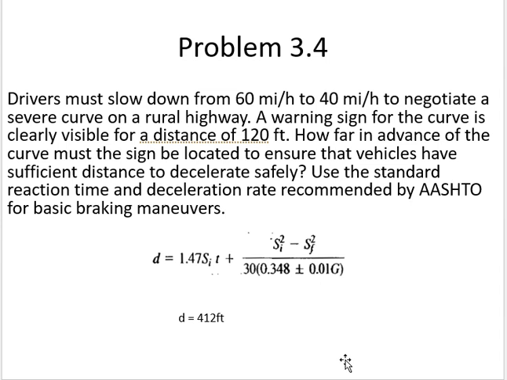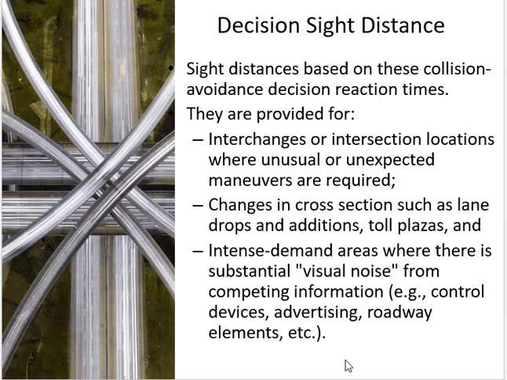Otherwise some of you may get Newton or Einstein in your dreams. Why do we change our equation? So the equation doesn't change. What will change? Reaction time. So I will use the same equation for stopping in a complicated situation with more reaction time. And whenever you have a complicated situation, your standard will go from stopping sight distance to decision sight distance.